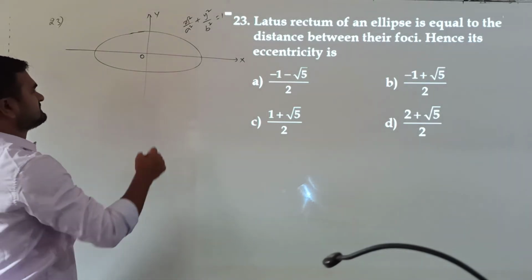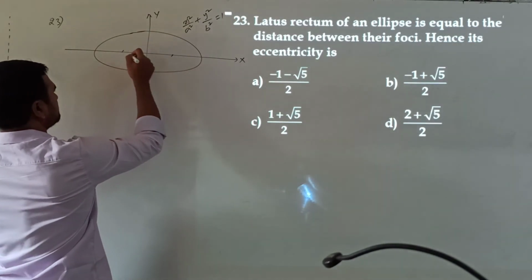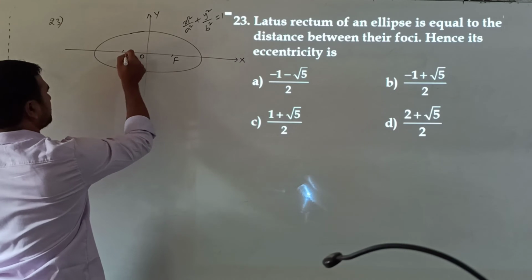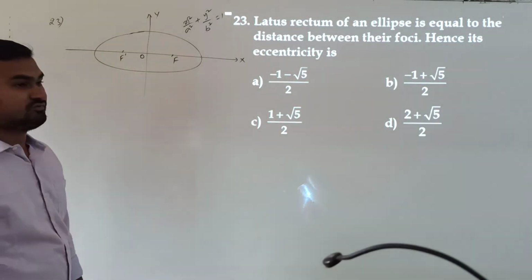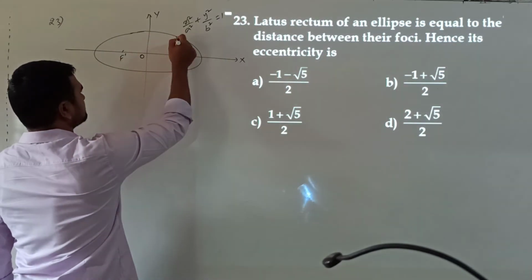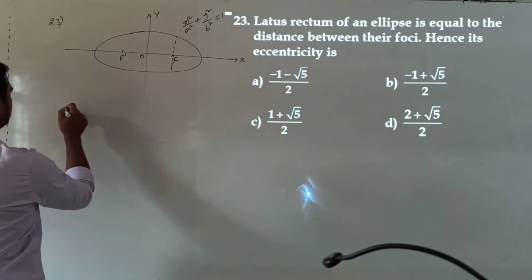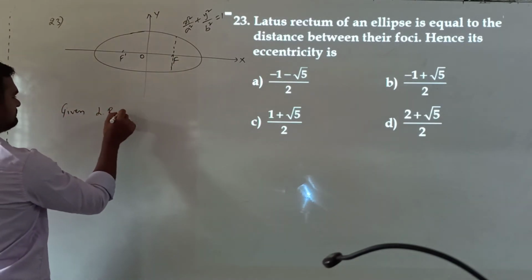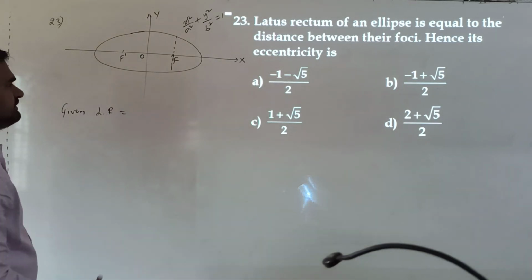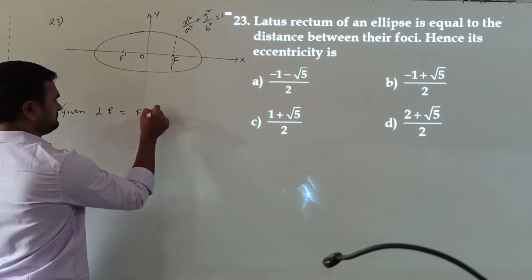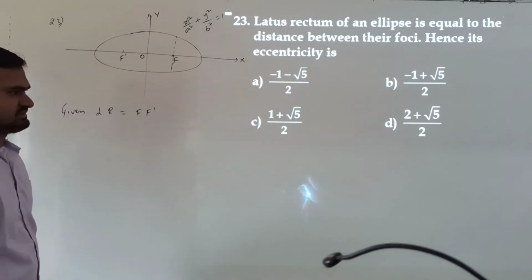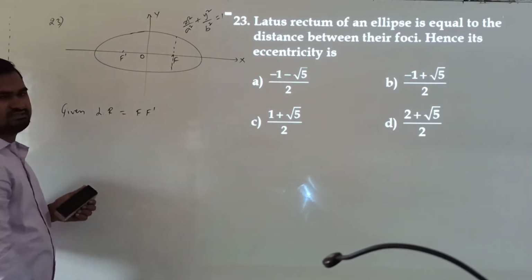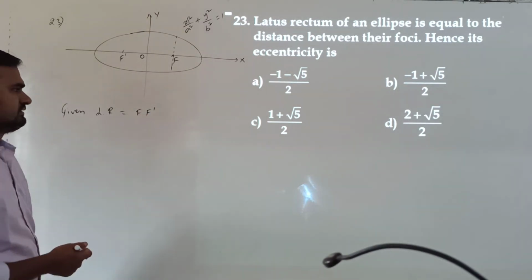Suppose F and F dash are the foci, and this is the latus rectum. So given the latus rectum is equal to the distance between the foci, that is FF dash. Now solving this, we have to find the eccentricity of the ellipse.